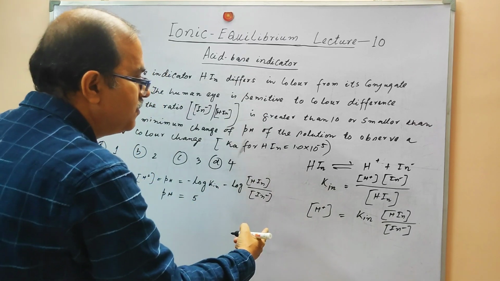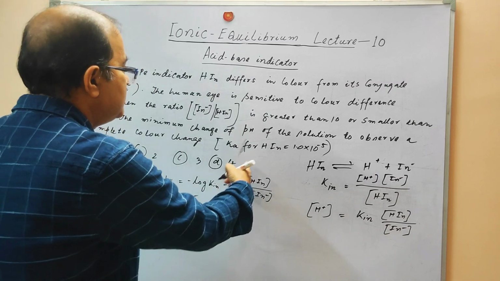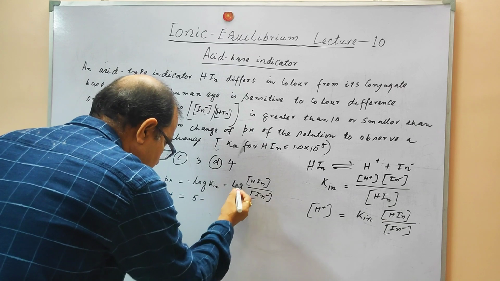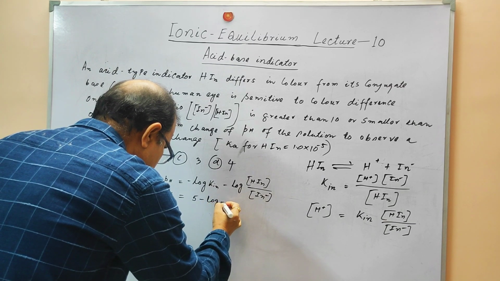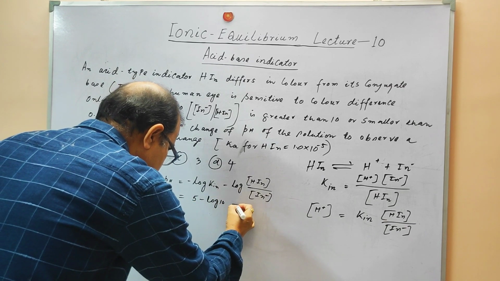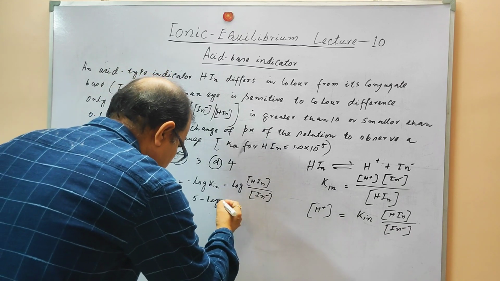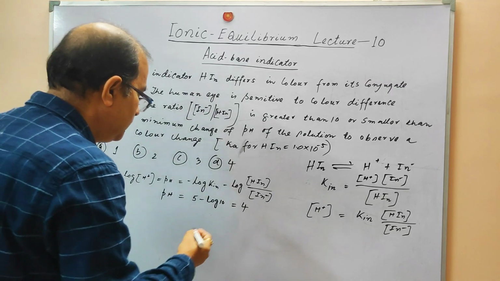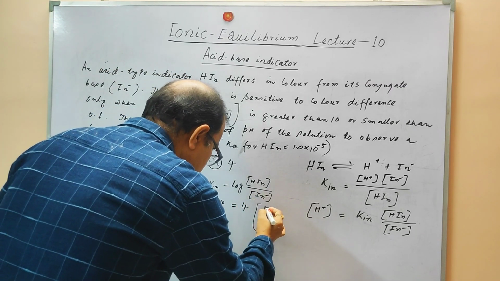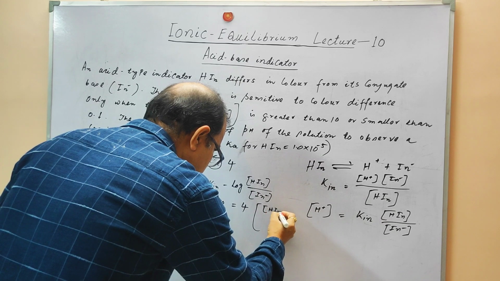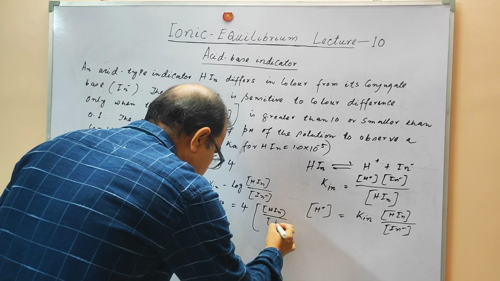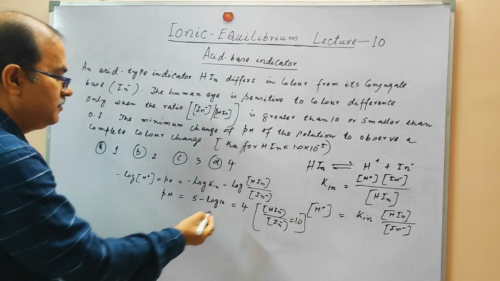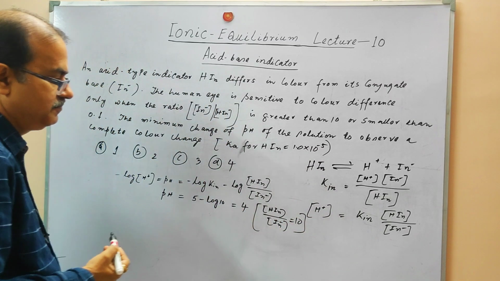Now when the ratio is greater than 10, we can write log 10, which is 1, so the pH will be 4 when the ratio of the concentrations is 10.